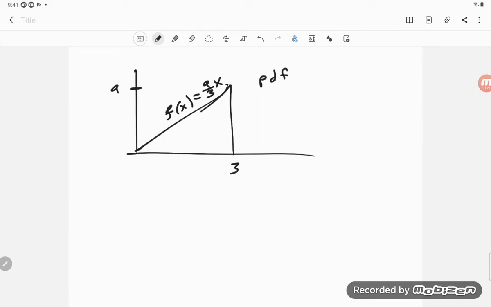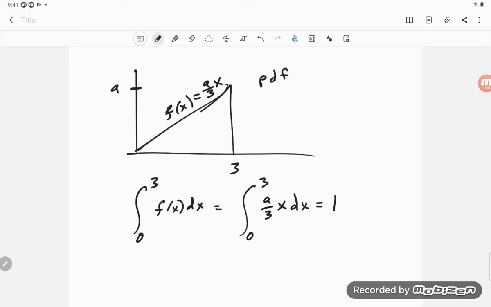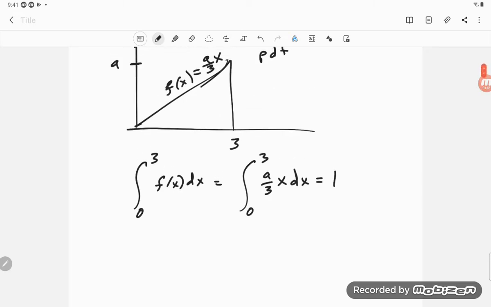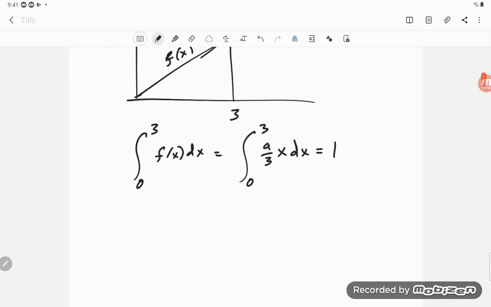So I know that this function is a over 3x, and now I want the integral from 0 to 3 of my f of x dx, which happens to be the integral from 0 to 3 of a over 3x dx. That needs to be 1, because I need to get to a total area of 1 under there.